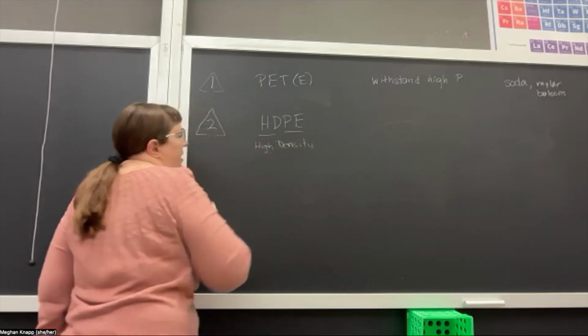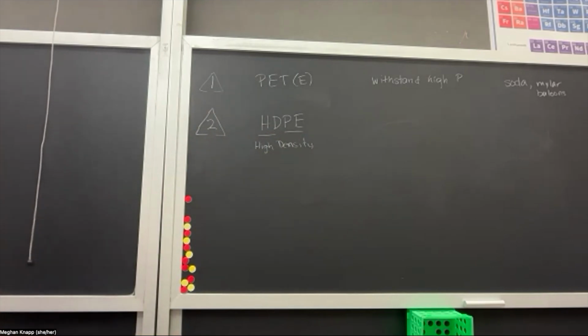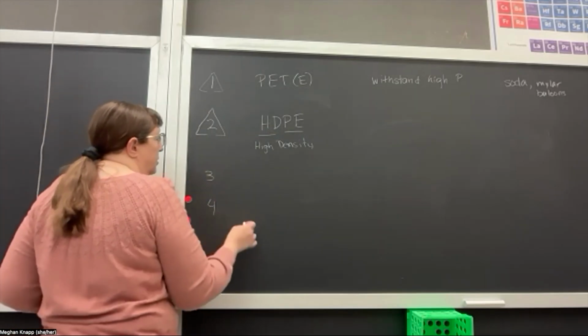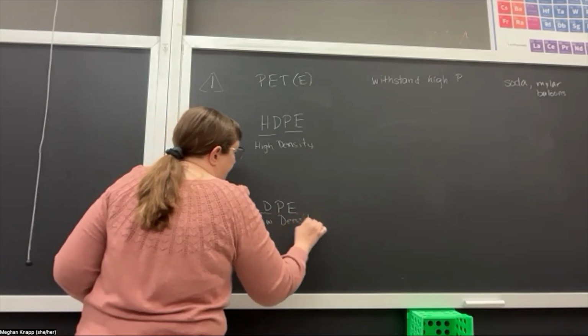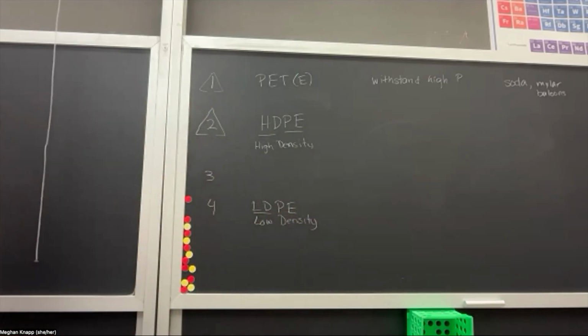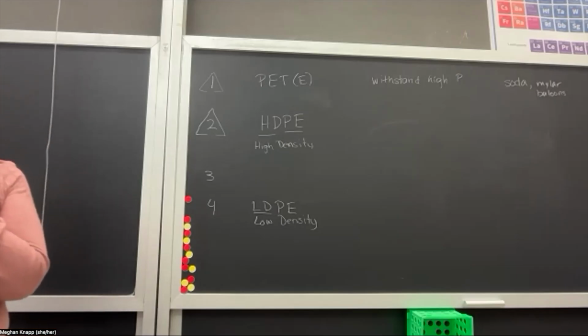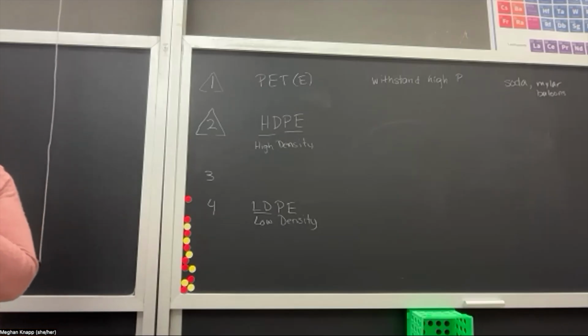One thing I might ask you to explain on your final exam or on your quiz is, why is it high density compared to low density polyethylene? So I'm going to go ahead and put low density on as number 4. So what is the difference between those? What makes one high density and the other not? Remember?